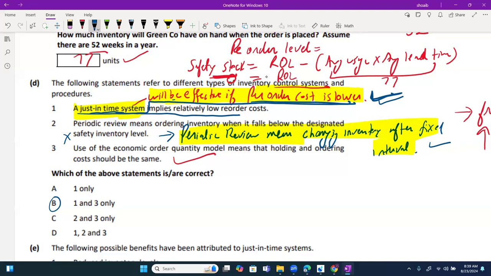If per order cost is lower, then you can apply just in time. Just think, if the number of orders is higher and per order cost is higher, just in time will not be applicable because it will create a huge cost. Got it?